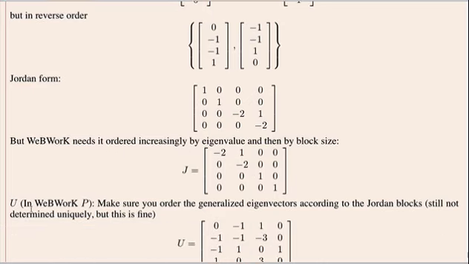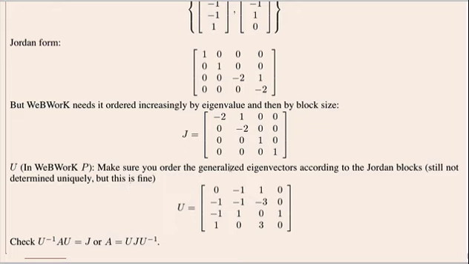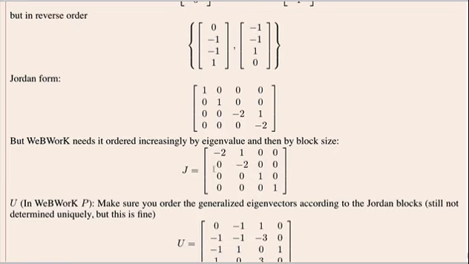So then U, in WebWork this is denoted by P, the U matrix. Make sure you order the generalized eigenvectors according to the Jordan blocks. Even then it's not determined uniquely, but this is fine. So what we have is that the first Jordan block, minus 2 on the diagonal, has these generalized vectors.